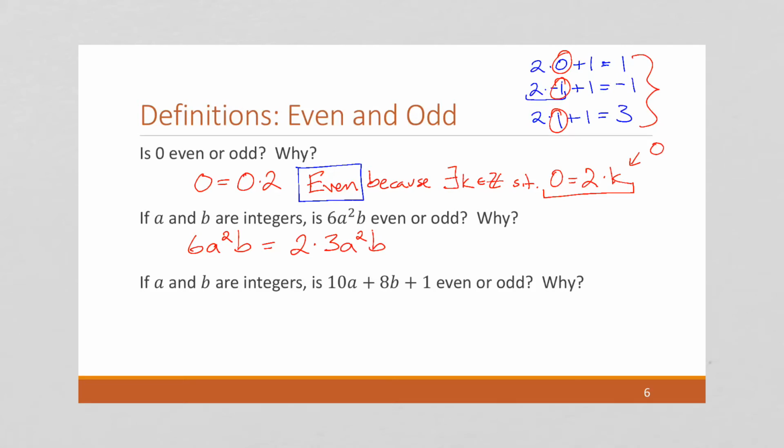Well, we know the definition of even says it's 2 times some integer. How do I know that that's an integer? Well, it's an integer due to integer closure. Right? Because we're doing multiplication of integers. We know that a and b are both integers.